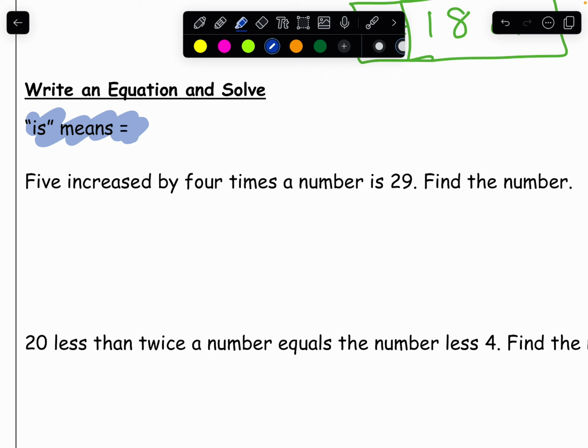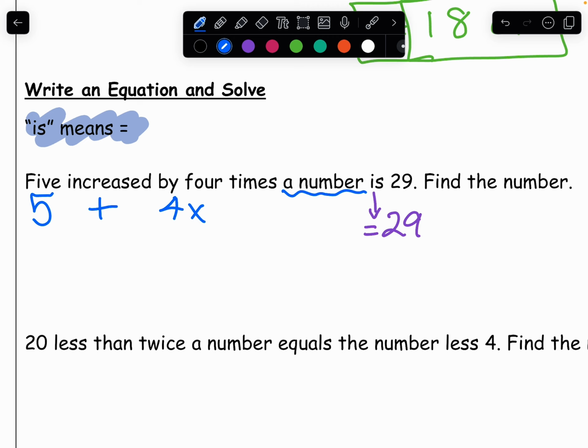So, for example, 5 increased by 4 times a number is 29. "Is" means equals, so that's our first piece. We were asked to find the number. So we got our right side. Let's look at the other side. We have 5 increased, so we're adding, by 4 times a number. Well, we don't know what that number is, so let's use the variable x.